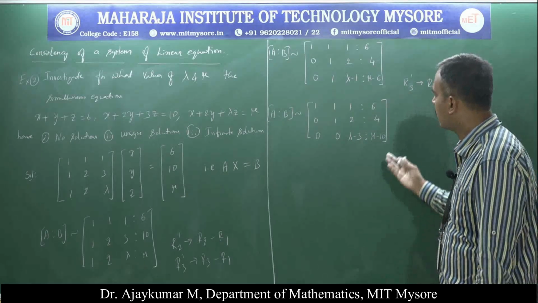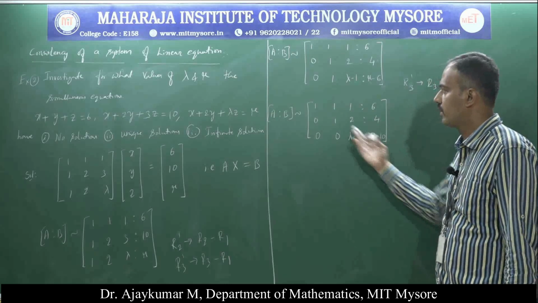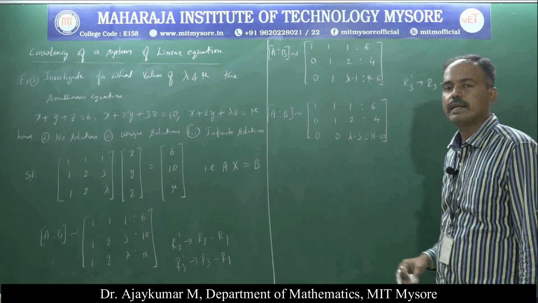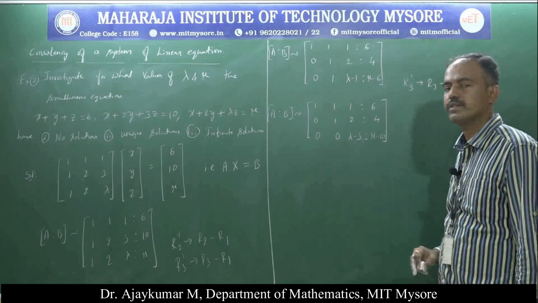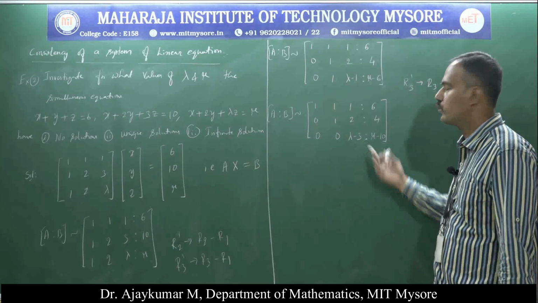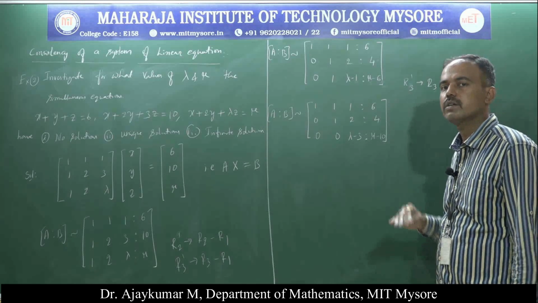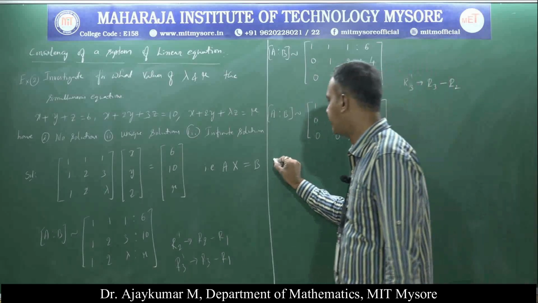Is it clear? Finally, check that the leading entry is 1 and all the column elements below the leading entry are 0, and no zero rows are available, so we can stop here.